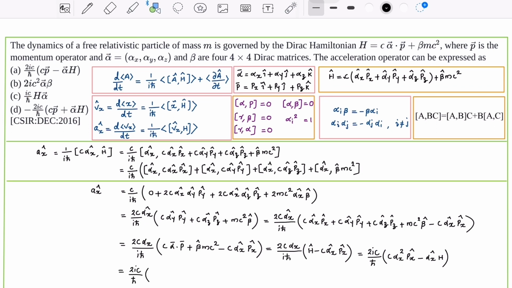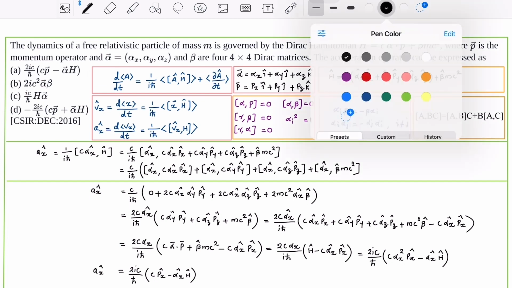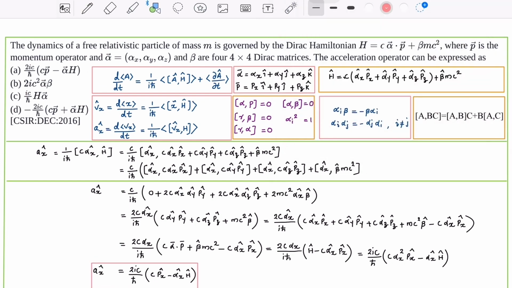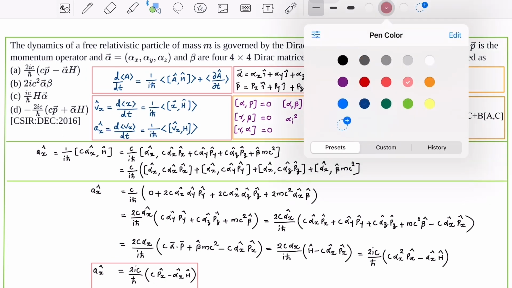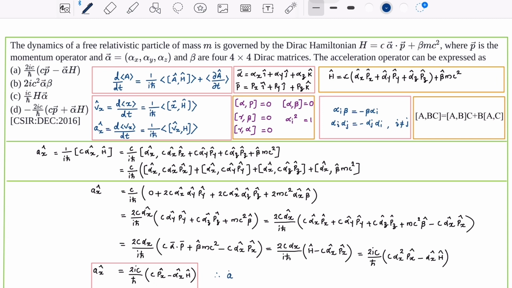Hence the acceleration operator is 2ic by h bar, c px minus alpha x H. Now this is the x component of the acceleration operator, which is equal to 2ic by h bar, c px minus alpha x H. Now we can write the general formula for the acceleration operator as 2ic by h bar, c p minus alpha H. Therefore, from the given options, option A is the right option.